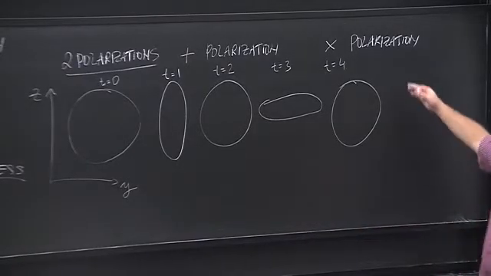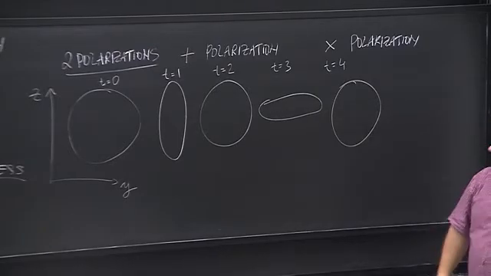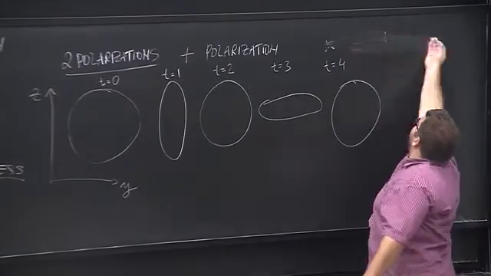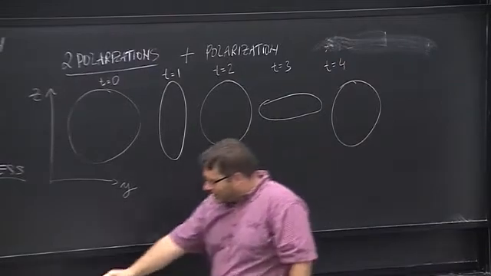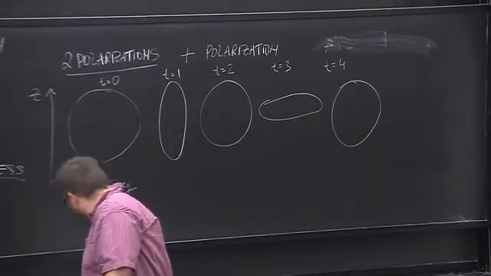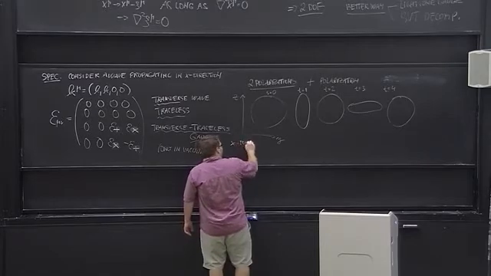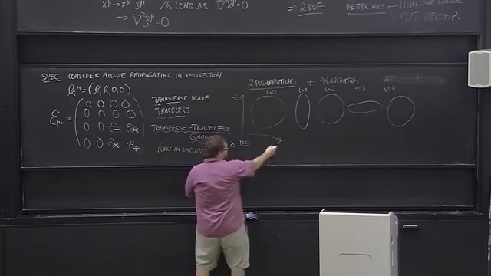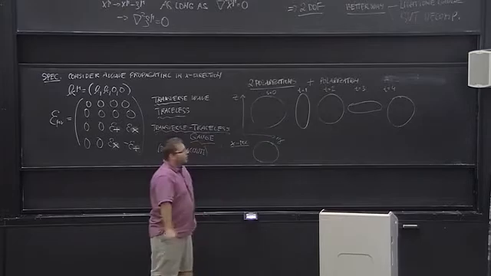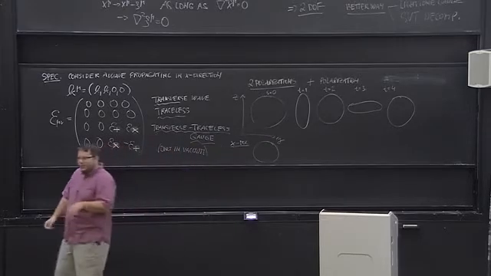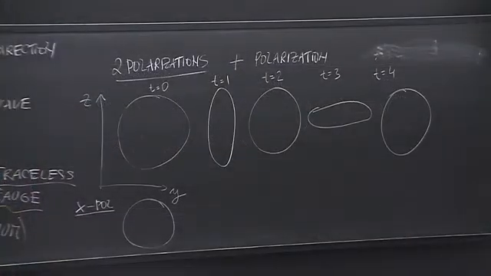All right. So now the cross polarization. So this was the plus polarization, and the cross polarization is doing basically the same thing. I again start with a circle here, but now the whole thing is twisted by 45 degrees.